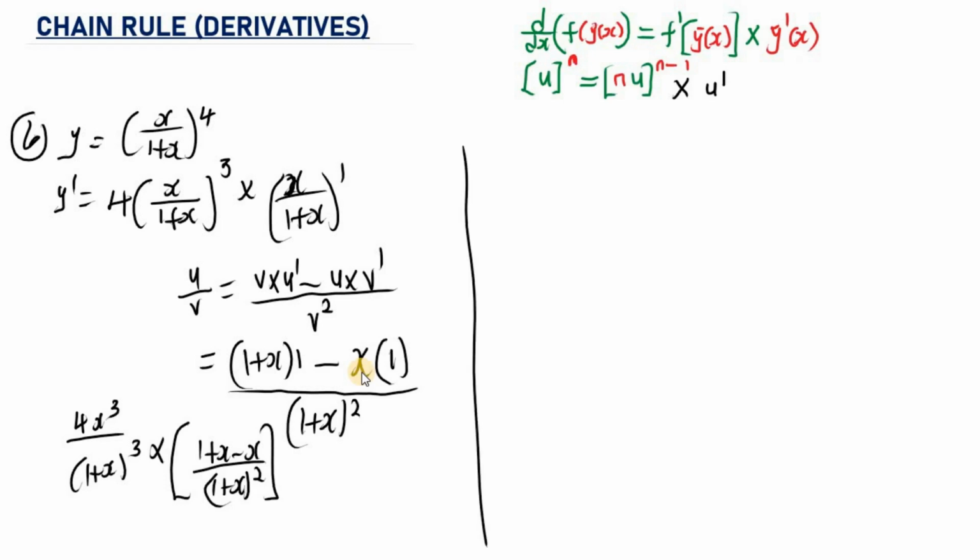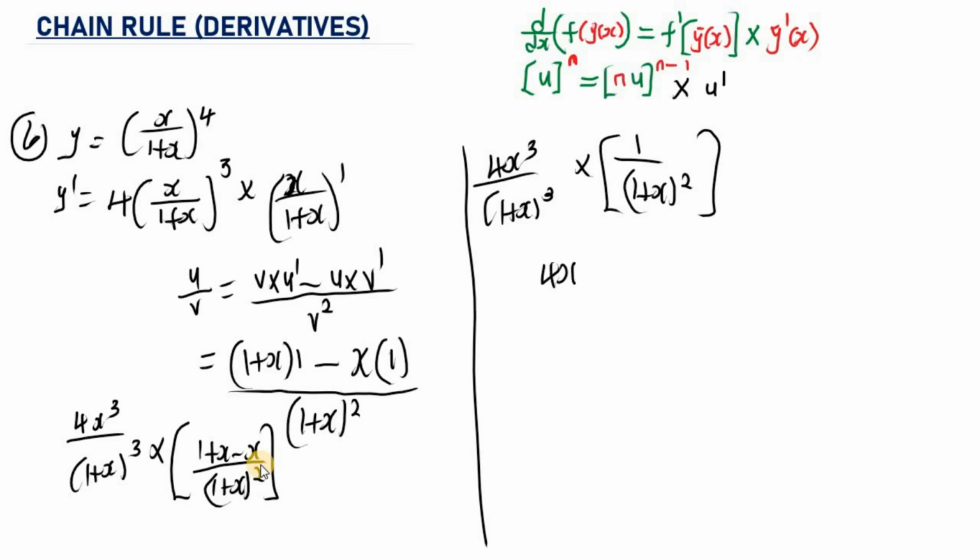So if we evaluate this, this is 4s cubed, then divided by 1 plus s cubed, then multiplied by, as you can see, we're having s minus s, so this is going to cancel out. So we now have 1 over 1 plus s squared. So if we multiply this, the numerator is basically going to be 4s cubed because this is multiplied by 1, then divided by 1 plus s cubed multiplied by 1 plus s squared.